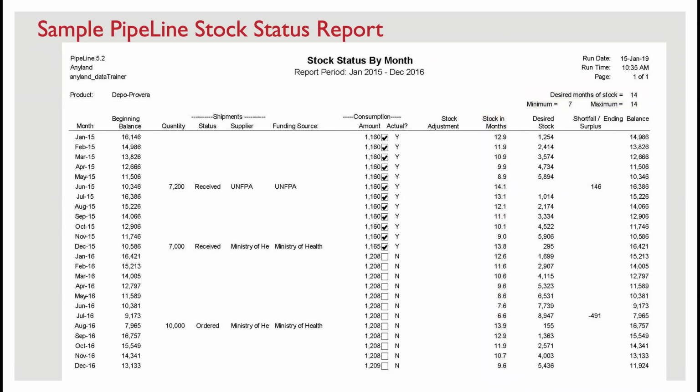Another thing that we'll want to monitor is the dates we actually receive our shipments compared to when we expected to receive those shipments. Remember that we plan our shipments so that we receive products around the time that we would reach our national level minimum stock level. If a shipment arrives later than planned, we could end up below our minimum stock level.